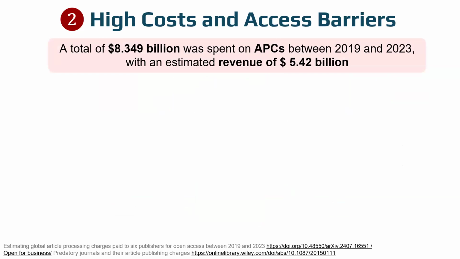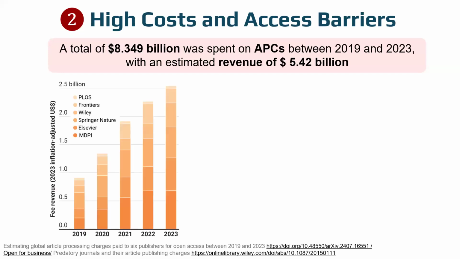So just the pure revenue that these publishers or journals had was more than $5 billion US dollars, which is just ridiculous. And as you can see in this chart, from 2019 to 2023, these revenues have been increasing. Each year we can see that the revenue is increasing.